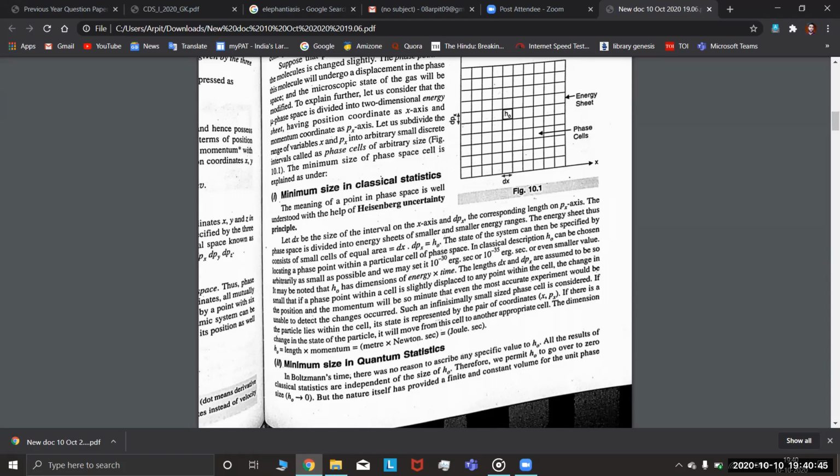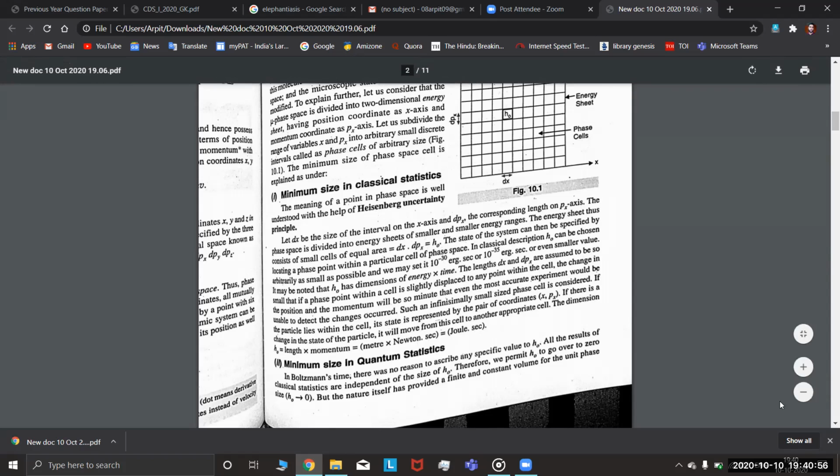If it is this square thing, a perfect square, and you want to make the position variable as precise as you can, then what you really do is reduce the breadth of this point. How should I show this thing?